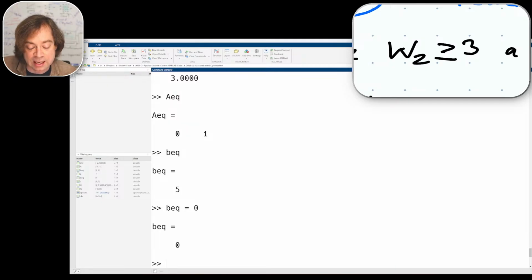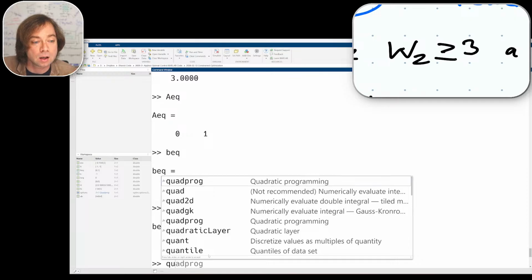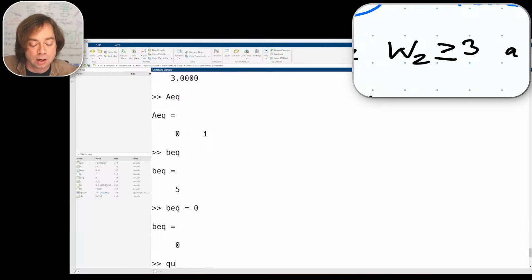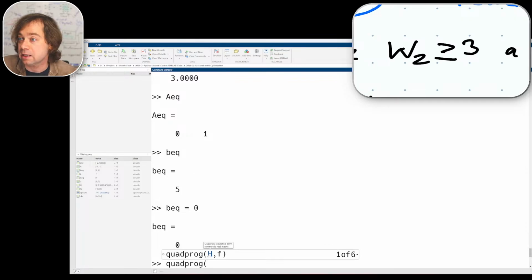So let's try that again with quadprog. Let's run quadprog, but this time we'll put our equality constraints back in. So we're going to say our Hessian, our gradient, we call it c, A and b are still the same. We put back in our Aeq and beq. They're not just open and closed brackets.